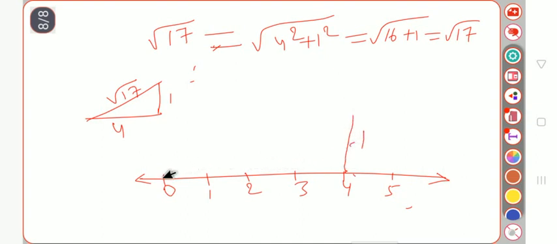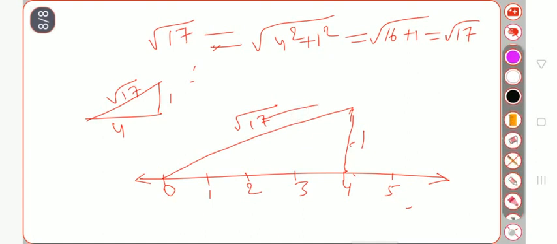Now join this to this point. So this will represent root 17. We have to erase this extra line. So this hypotenuse is representing root 17.